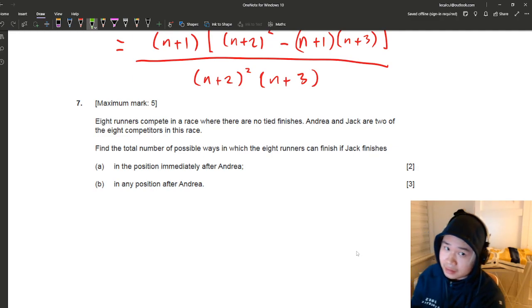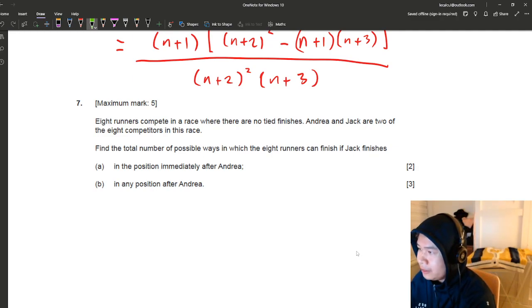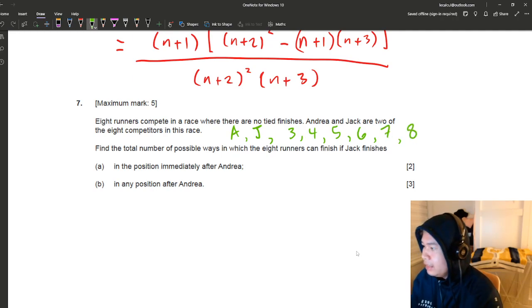Okay, don't get confused. You're HL students, but we have 8 runners. So we have Andrea, we have Jack, and then we have the 3rd runner, the 4th runner, the 5th, the 6th, the 7th, and then the 8th. Okay, so find the total number of possible ways that Jack can finish if he's immediately after Andrea.